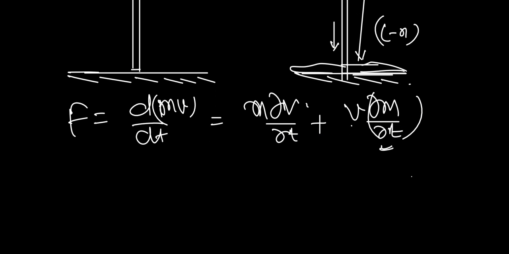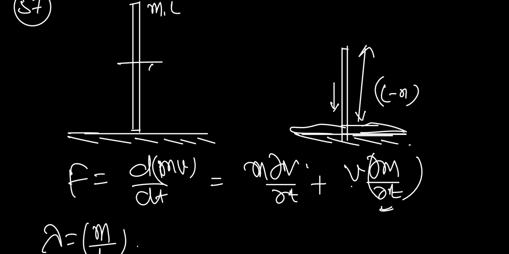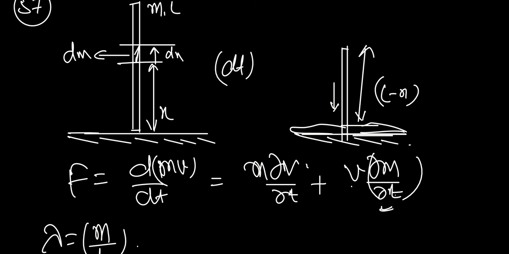And there is another force which is because of the mass which is lying on the floor. So let the linear mass density be lambda, that is m by L. Suppose this is at a height x, consider the length dx with mass dm, which is going to hit in the time dt and come to rest.